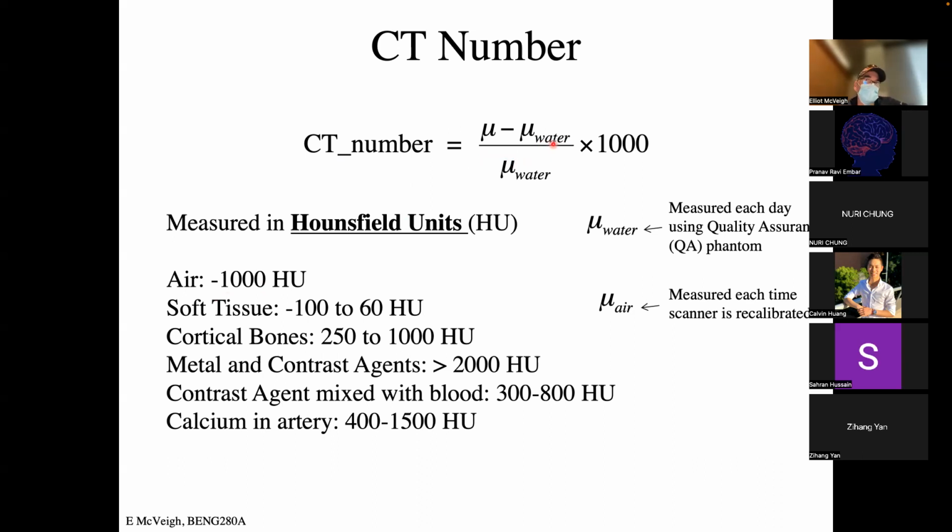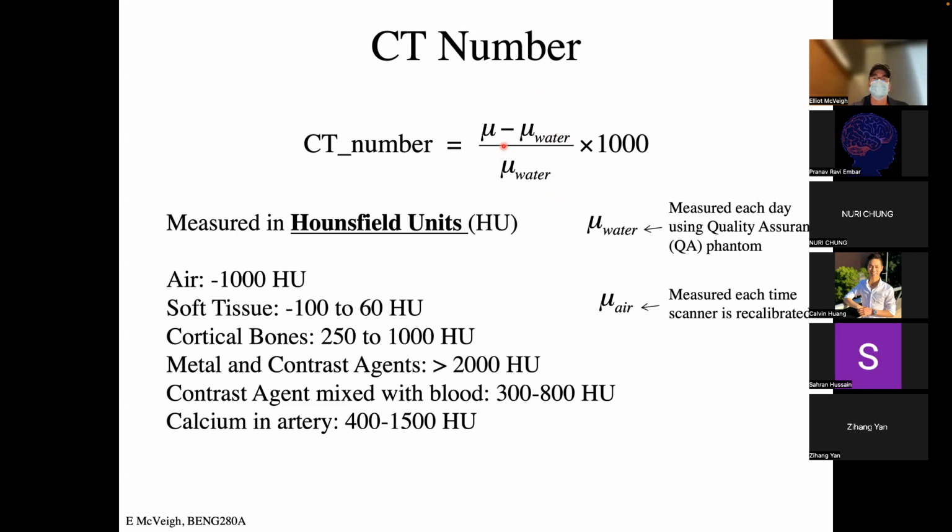That's how the scanner calibrates itself every day. A tech will take a phantom, put it in the scanner, push a programmed sequence that goes in there and does this calibration, right? So that for the rest of that day, water comes up as 0, air comes up as -1,000. And then everything else is measured relative to that mu value of water.